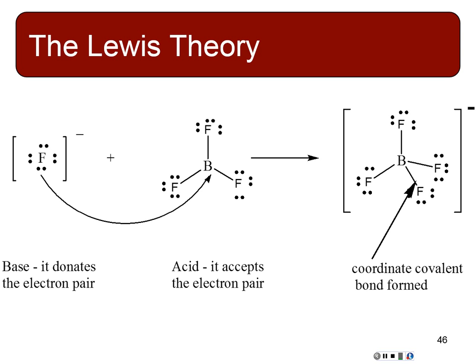That's our octet rule. It made a coordinate covalent bond, a boron-fluorine bond. It is no longer BF3, it's BF4. So it gained a fluorine bond, and it has a negative charge because it went from being neutral to gaining electrons. That's what gives it the negative charge.